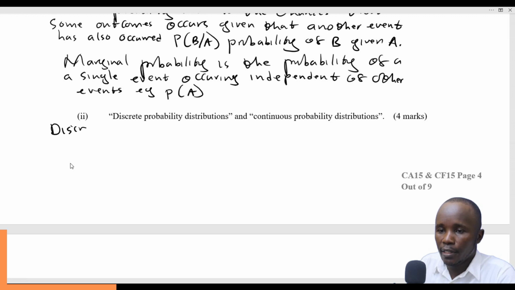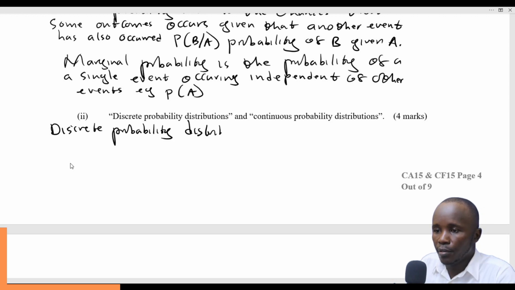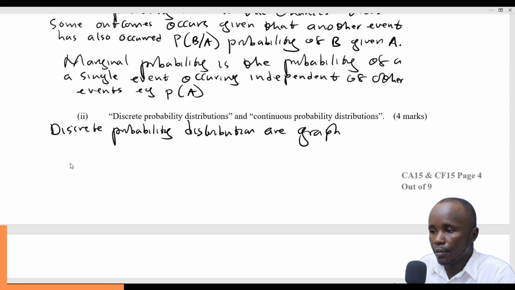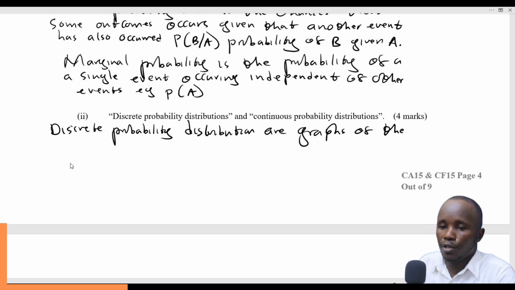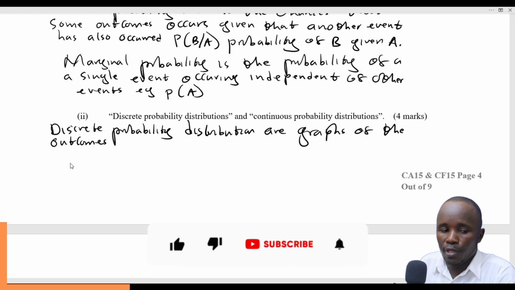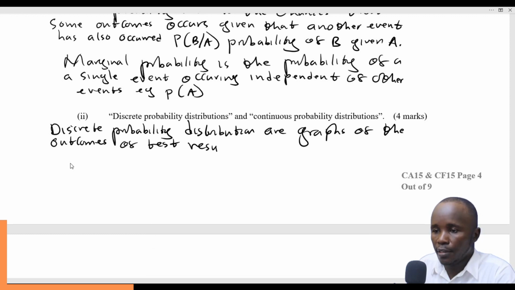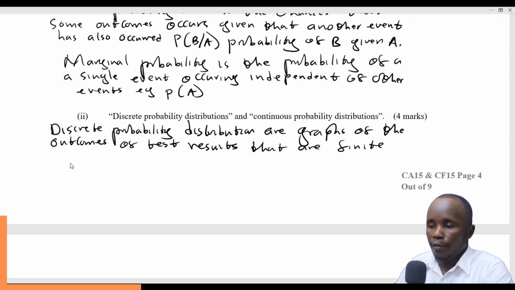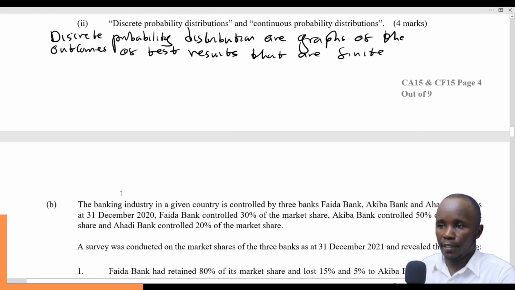Discrete probability distributions are graphs of the outcomes of test results that are finite. Finite means that they have limits.